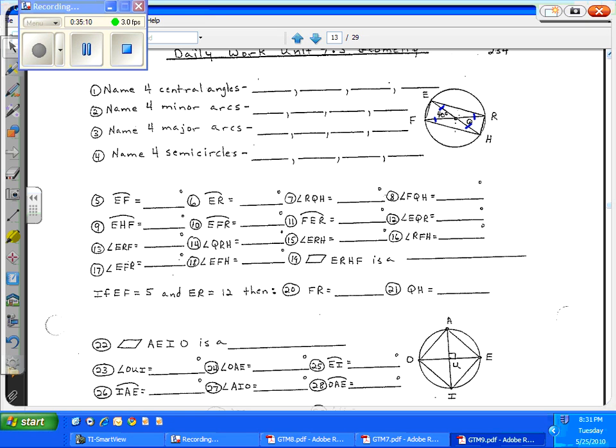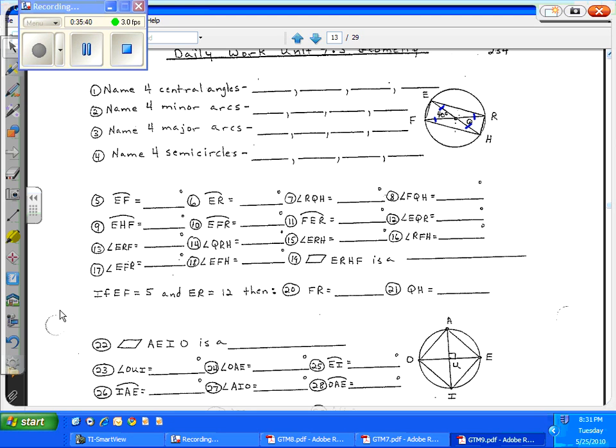Now, in what type of figure do the 4 diagonal pieces come out to be the same? For that to happen, the diagonals would have had to be equal to start with and bisect each other. Now, if the diagonals bisect each other, that proves that it's a parallelogram. But if they're equal and bisect each other, it proves that it's a rectangle. So we know that this is a rectangle because the diagonals are equal and bisect each other.